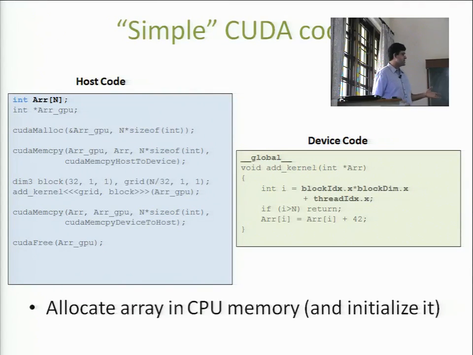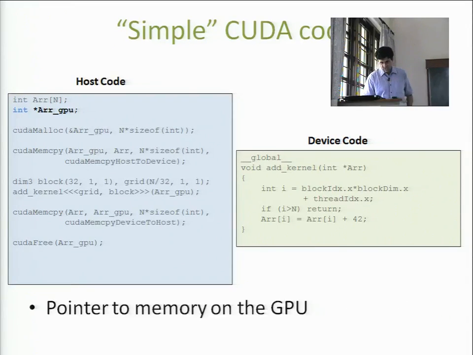The first thing we are doing, obviously, is allocating memory on the CPU, and let's assume that also initializes it. Now in host code, you have a pointer to GPU memory. This is ultimately going to point to what you allocate to hold the array in GPU memory.